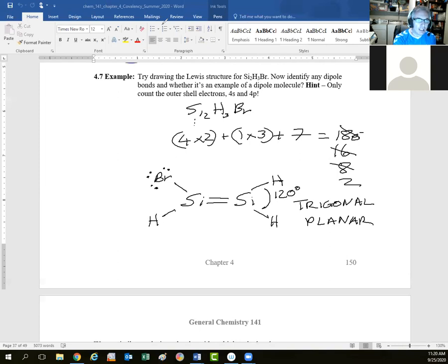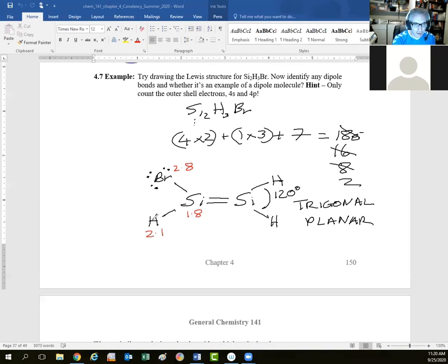Thinking about the polarity of the molecule, or potential polarity, we have to compare the electronegativities. Remember, you would just be given those in an exam. For bromine, the electronegativity is 2.8. For silicon, it's 1.8. And for hydrogen, it's of course 2.1.